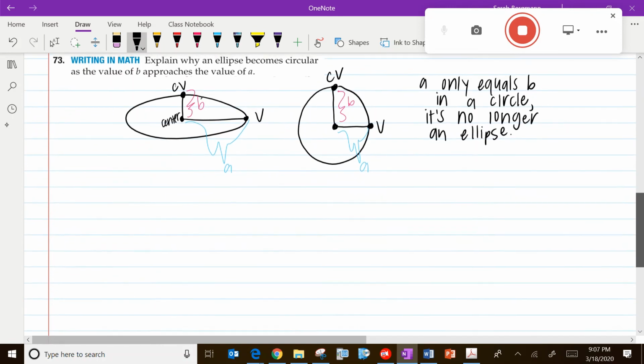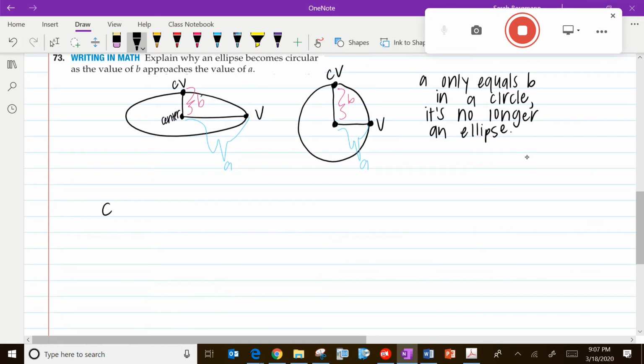If you wanted to think about this mathematically, remember c squared is equal to a squared minus b squared. So as b gets closer to the value of a, then b squared also will get closer to the value of a squared.